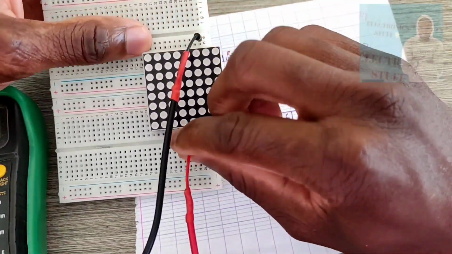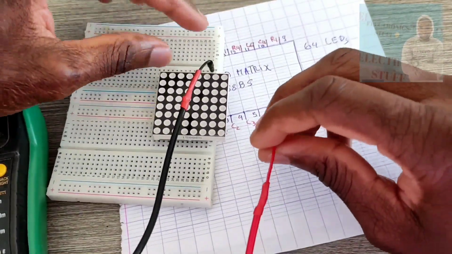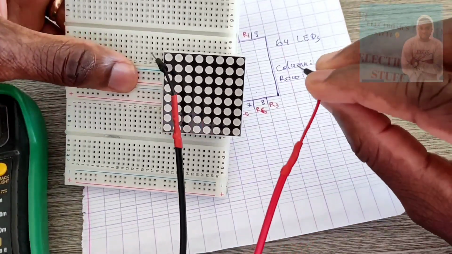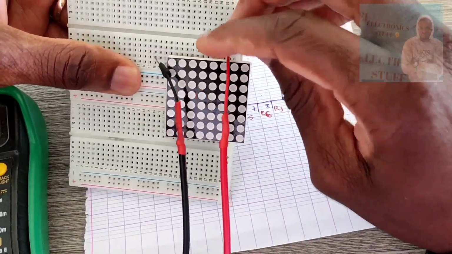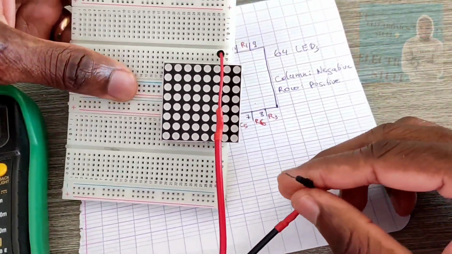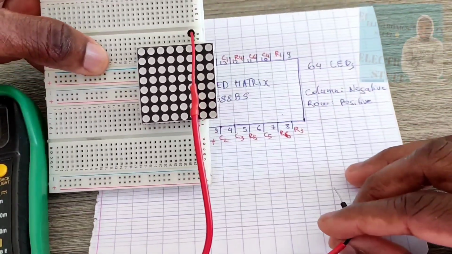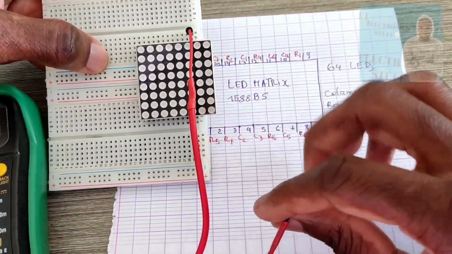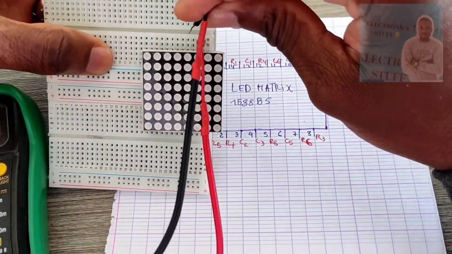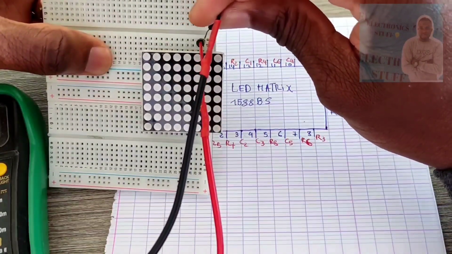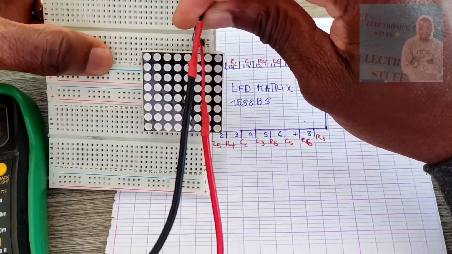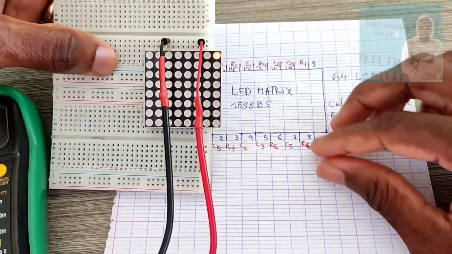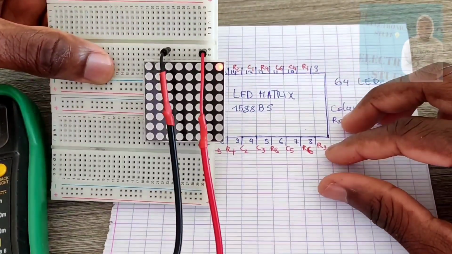Okay, here, and no, like that, because row is positive, so positive to row 1, and that's column 8. So 9, 10, 11, 12, 13, 14, 15, 16 is here. Okay, it's on.